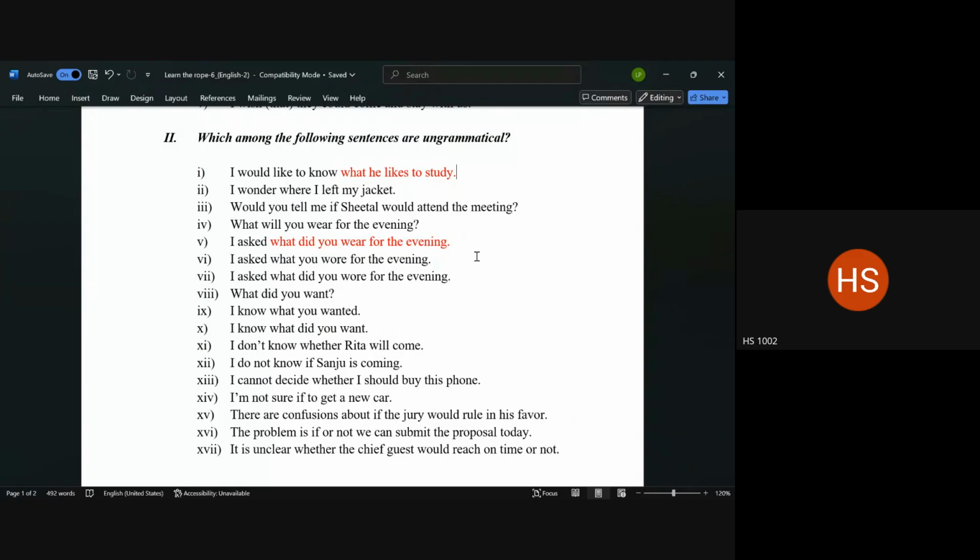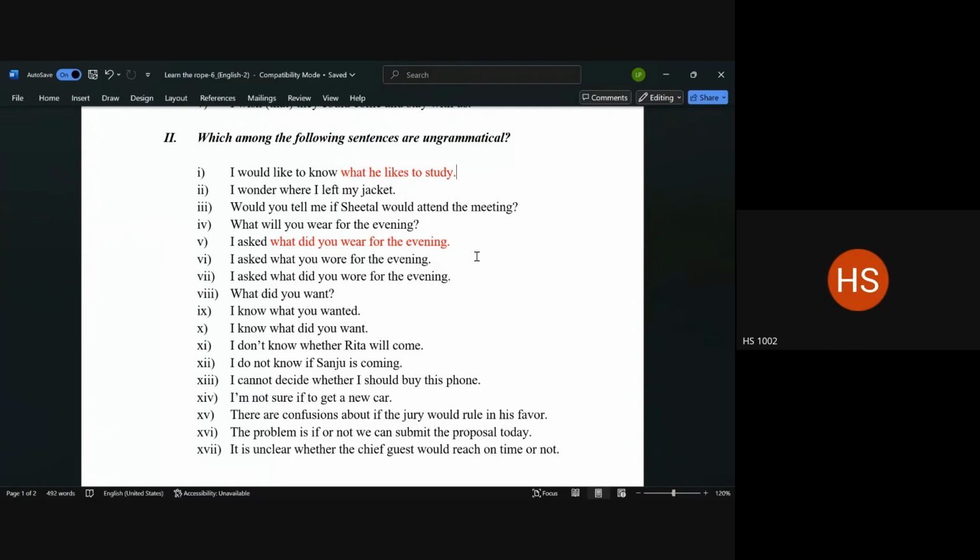And to convert this into a clause, we do exactly the same thing that you see in the first question, "what he likes to study." So we will not separate the tense from the verb, right? We'll put the tense on the verb itself. So what do I do in question number 5? What is the verb of the clause here? "What did you wear for the evening?"